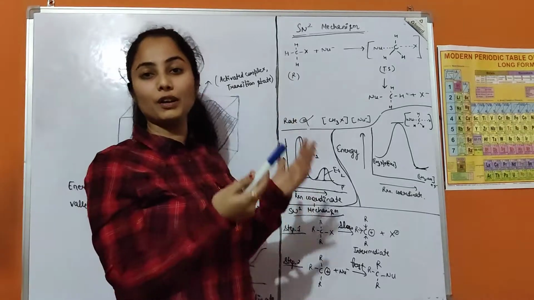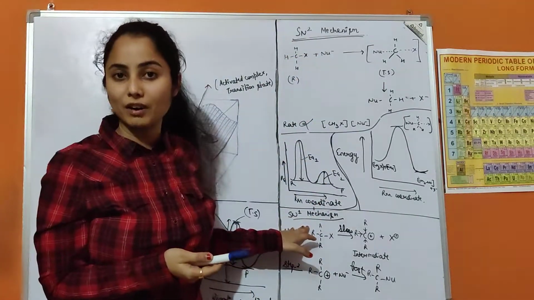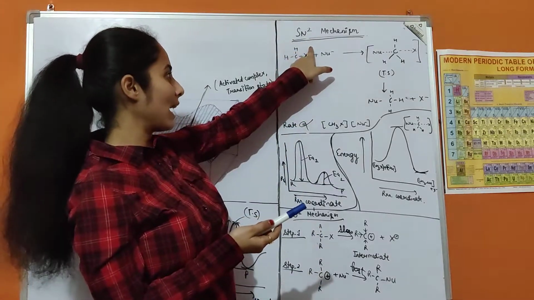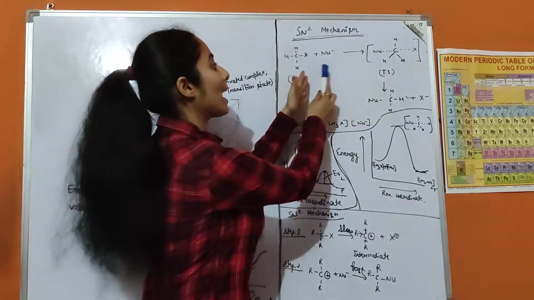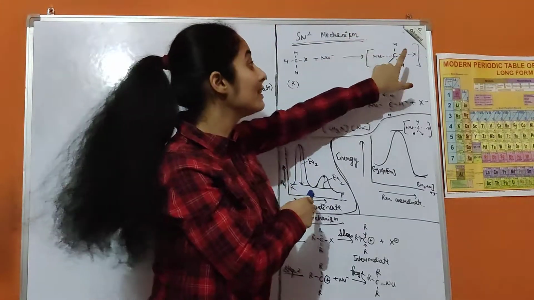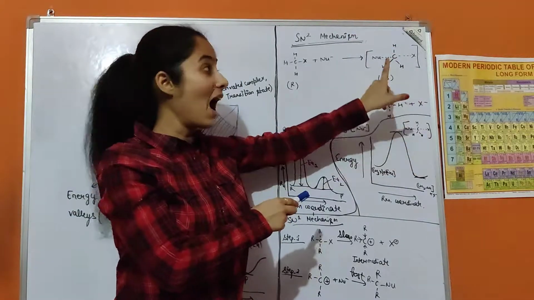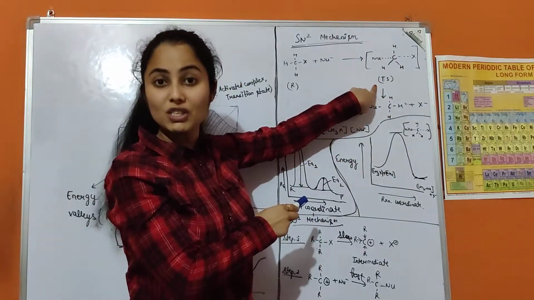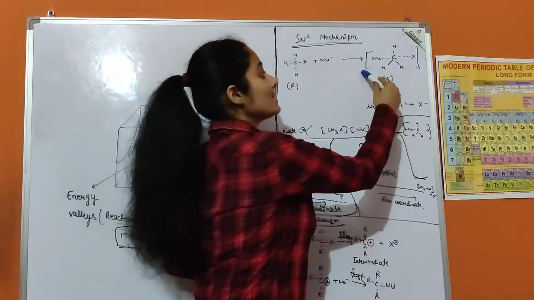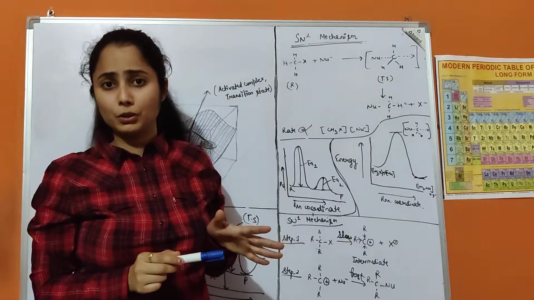Now let me explain this further by taking examples. Let me take our favorite examples, that are the SN2 mechanism and the SN1 mechanism. In the SN2 mechanism, we know that this mechanism follows formation of this complex. This complex is highly unstable and is called the transition state. Why? Because we can see here that this carbon is forming 5 bonds, which is very unusual.